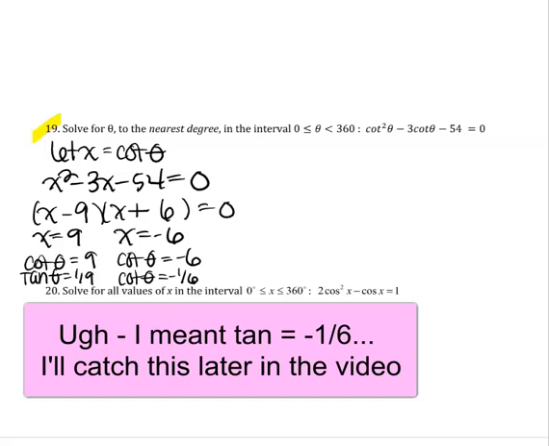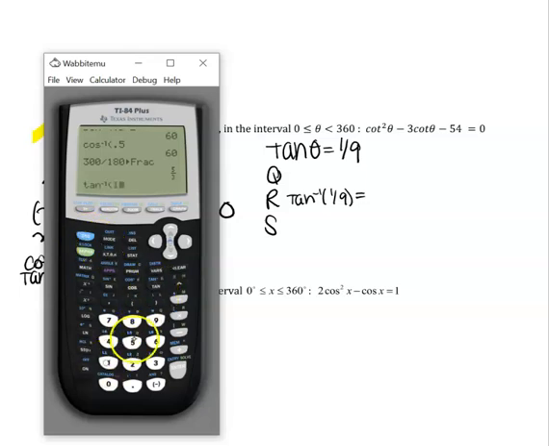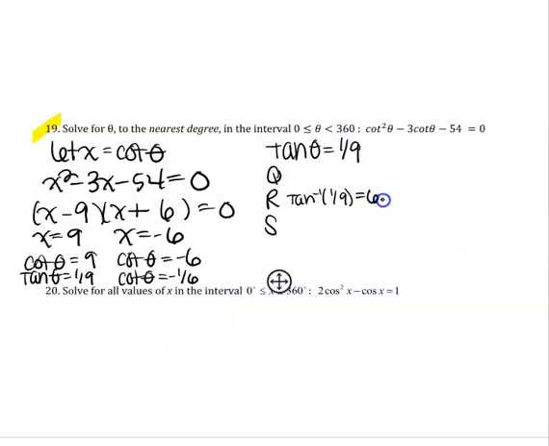All right, let's do some work. Let's start with tangent of theta equals 1/9. QRS. All right, let's start with our reference angle. Inverse tangent of 1/9. Let's see what that is. So like 6.34, we'll say, dot, dot, dot. Okay, I'm not going to round that. Now, my tangent is a positive value, which means if we think of our ASTC chart, tangent is positive in quadrants 1 and 3.